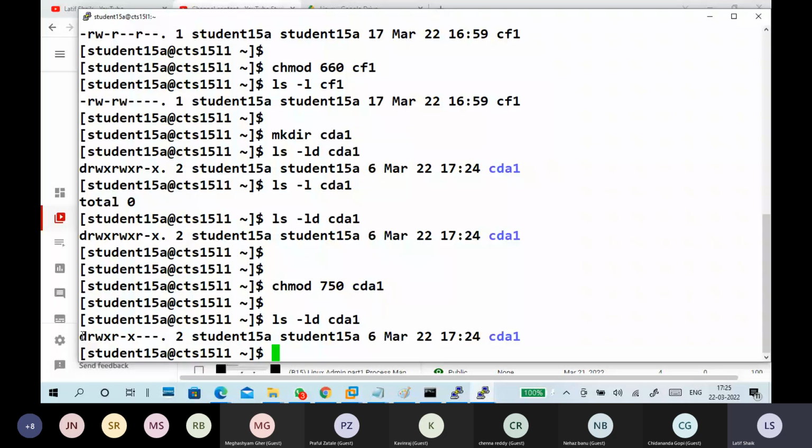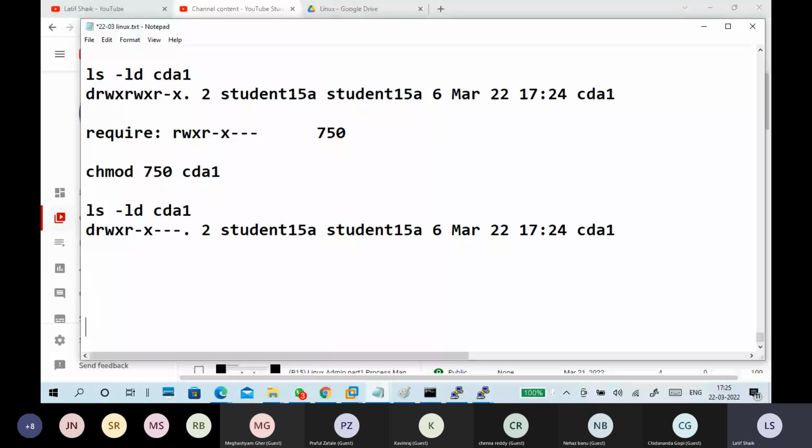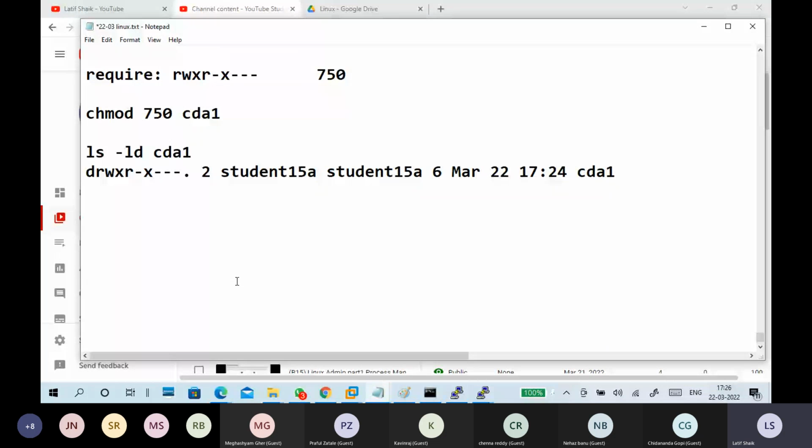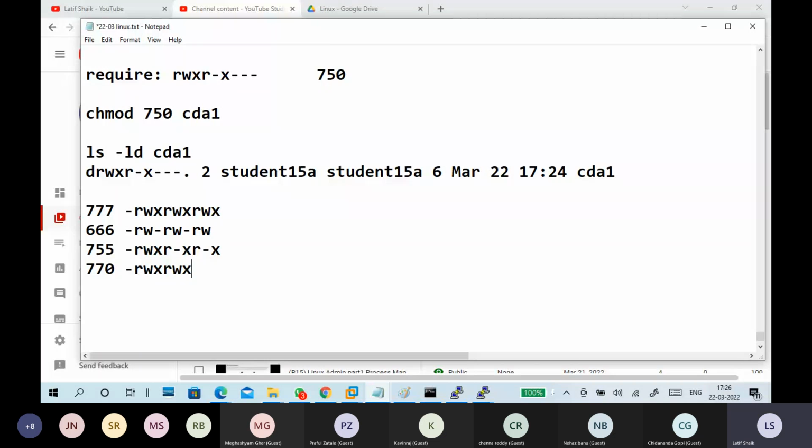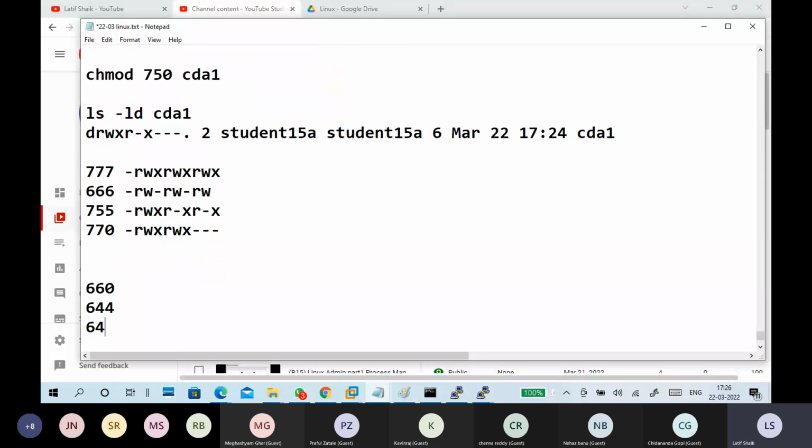What were the permissions earlier? We can change them. The most frequently used permission sets are these. 777 means RWX, RWX, RWX. 666 means RW, RW, RW, giving full read-write permissions. 755 is RWX, RX, RX. 770 is RWX, RWX, and nothing for others. Then 660, 644, 640.